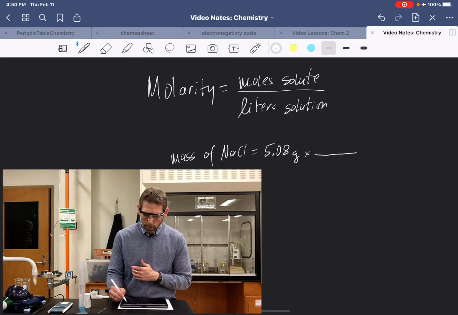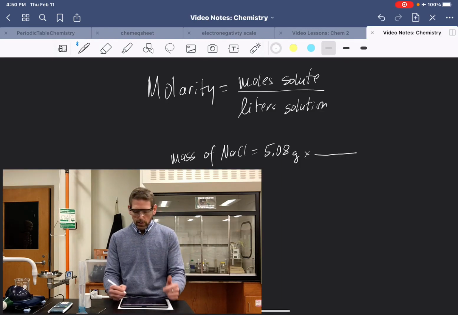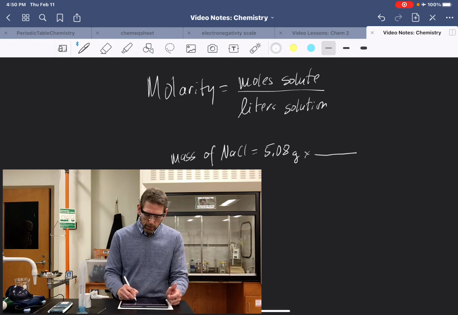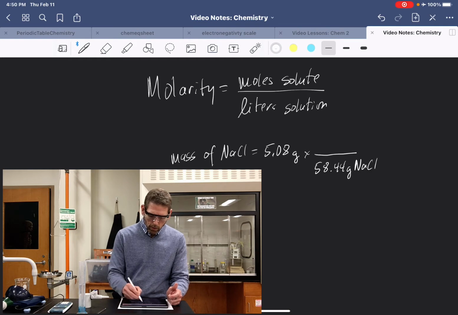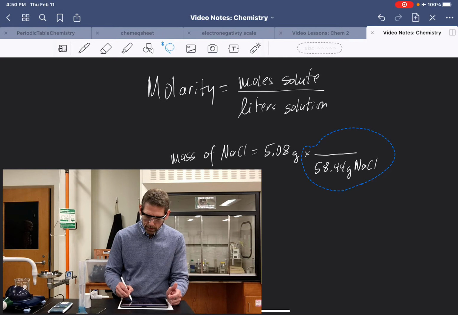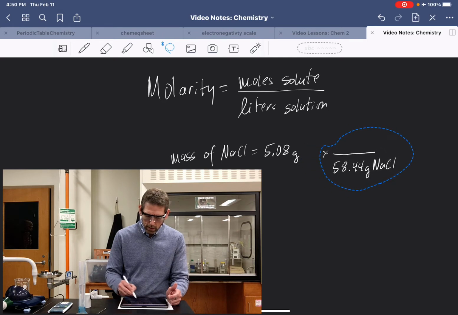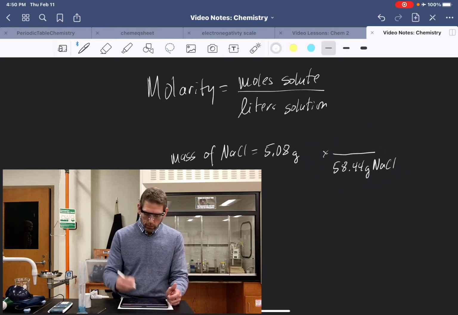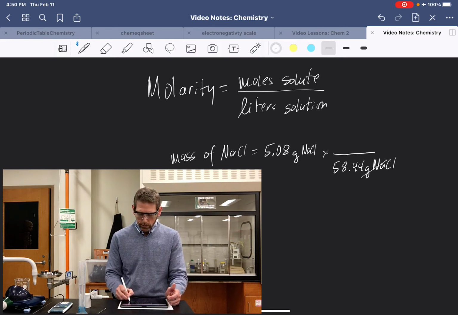And remember, from previous lessons, we've seen that we have a molar mass of 58.44 grams of sodium chloride. And before I make the same mistake that I asked my students not to make, let me make sure my units are 100% correct. So NaCl right here, so that unit canceled out.